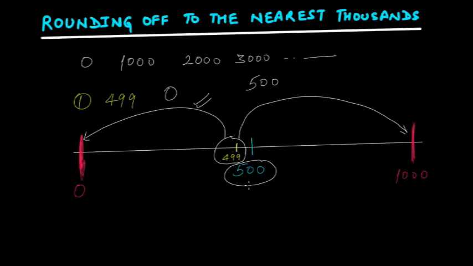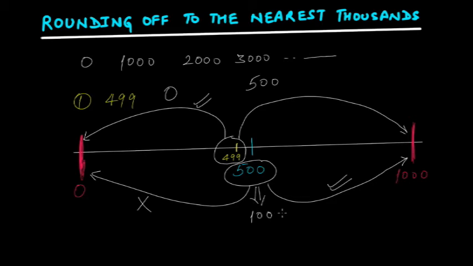In this case, 500 is as close to 0 as it is to 1000, but you will not go for the 0 one, you will always look for the next one. This is 1000. So in the case of 500, your answer will be 1000.